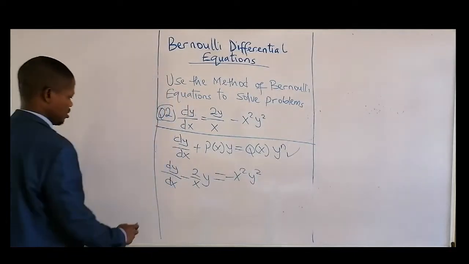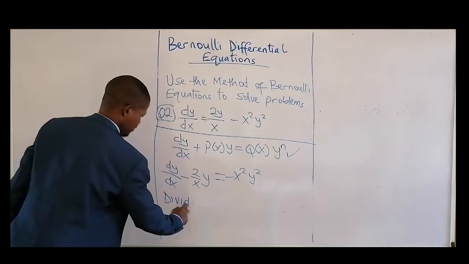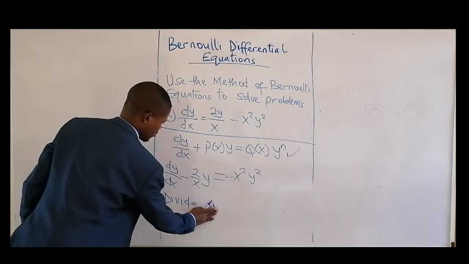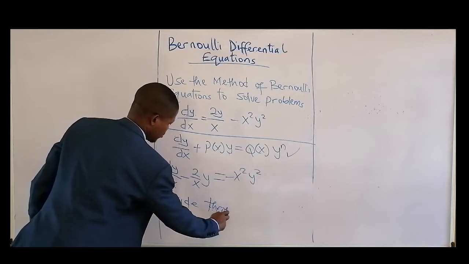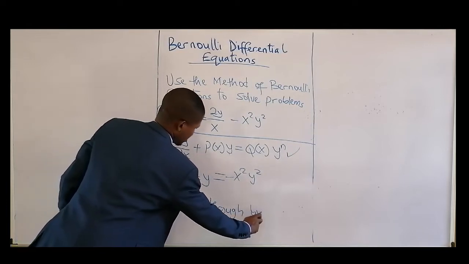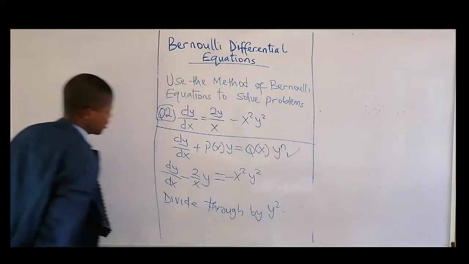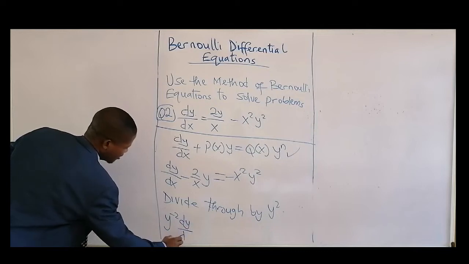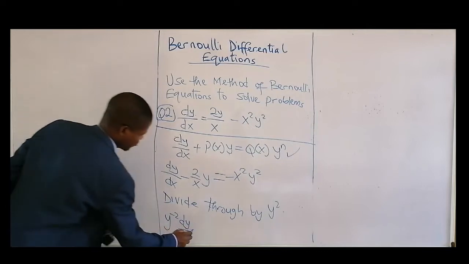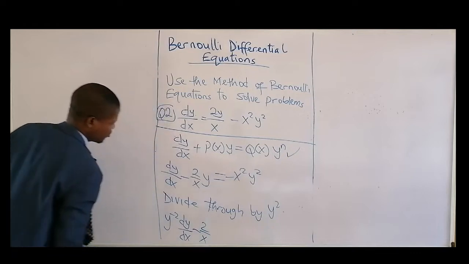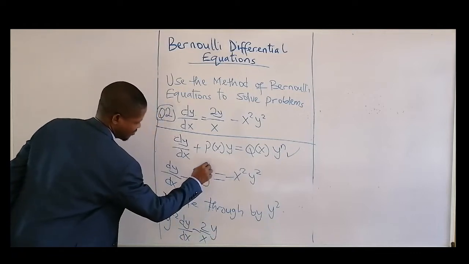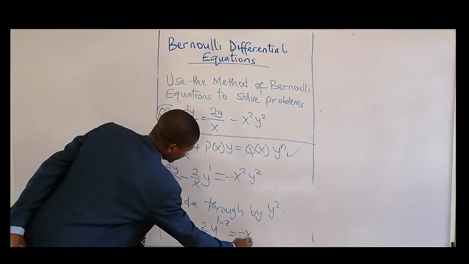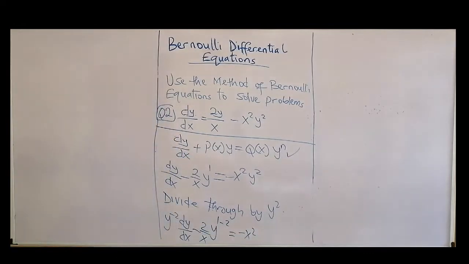Then the next thing to do is to divide through by y squared. If you do that, we have dy/dx, then minus 2 over x, and then y is having power 1, so 1 minus 2, equal to minus x squared.